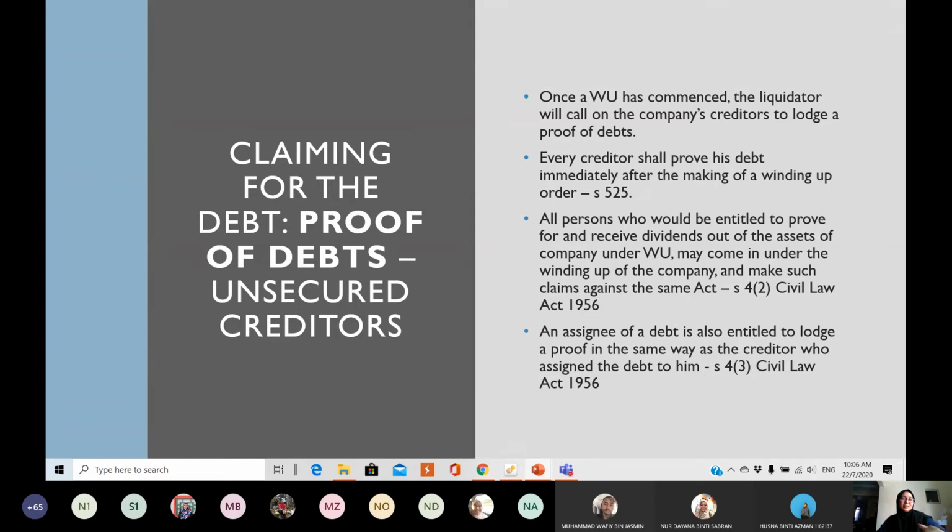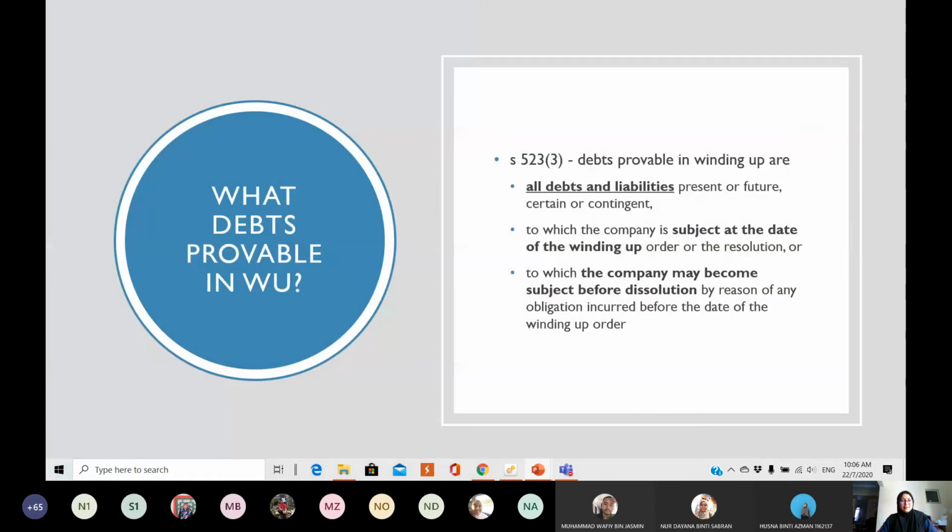Okay, so sama je, cuma dia punya provision je berbeza, the number of the provision is different, tapi dia punya content tu is similar with the bankruptcy. Okay, boleh, any question about proof of debt? Remember, bankruptcy pun kena filekan proof of debt, ada creditors kan?